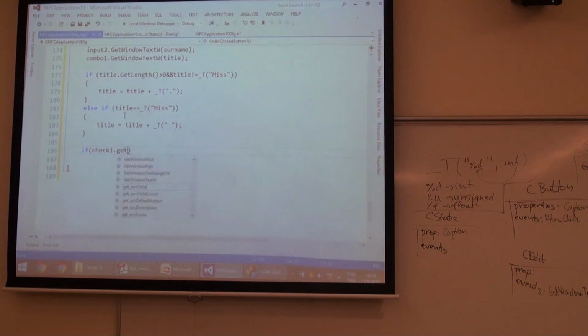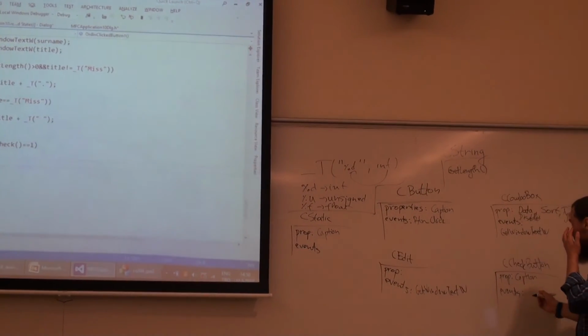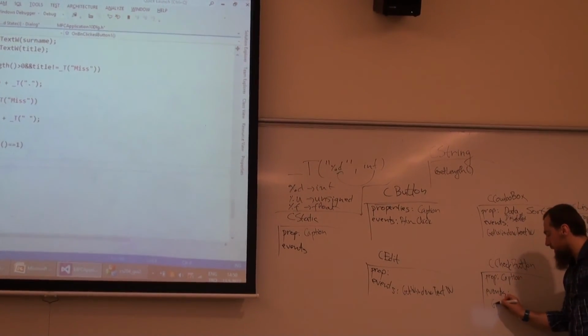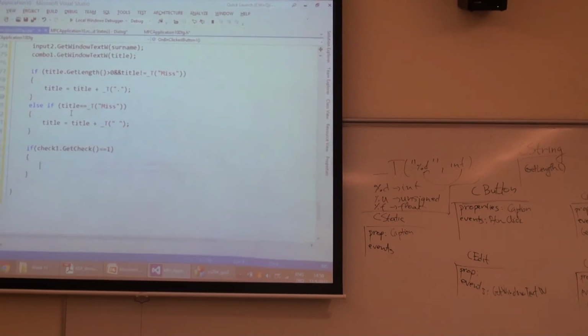If check 1, GetCheck, this is the function that returns true or 1. You can write it as 1 if it is selected. For the checkboxes, there's the member function called GetCheck. It's a Boolean function. It returns true if it's checked. So if it is checked, what should I do?